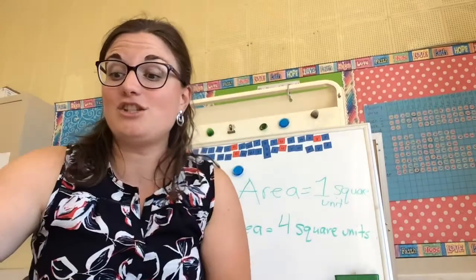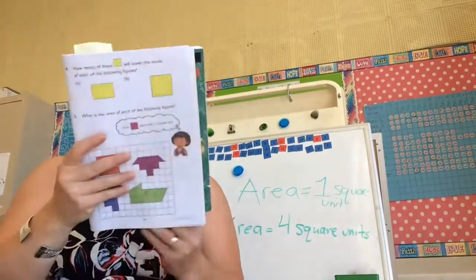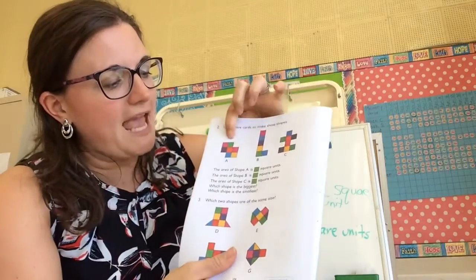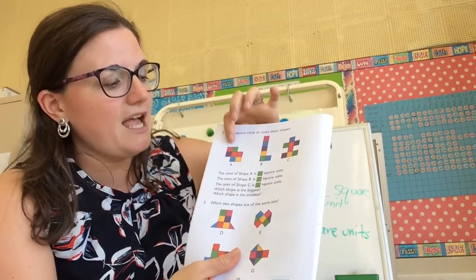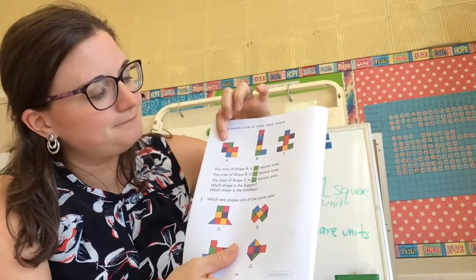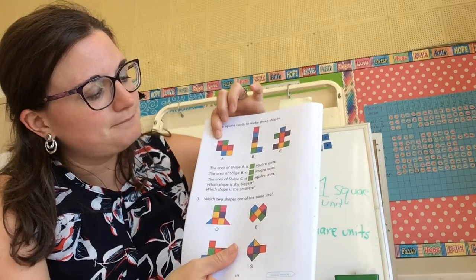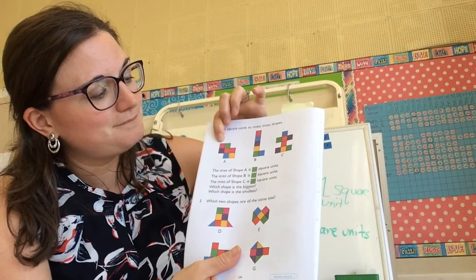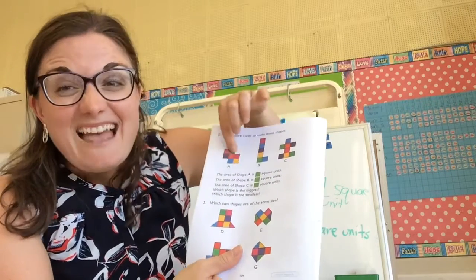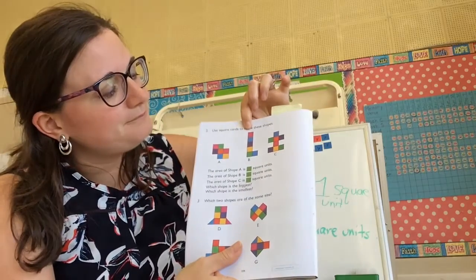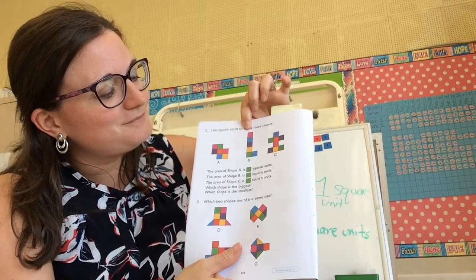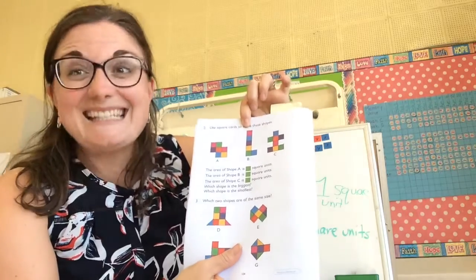Let's turn over the page and do the next page. Okay, we have shape A, shape B, and shape C. What is the area of shape A? Count the squares. 7 square units. Let's do B. What's the area of B? 6 square units.